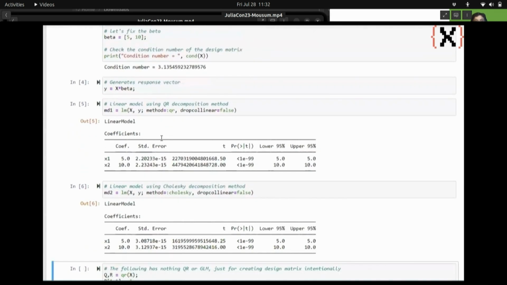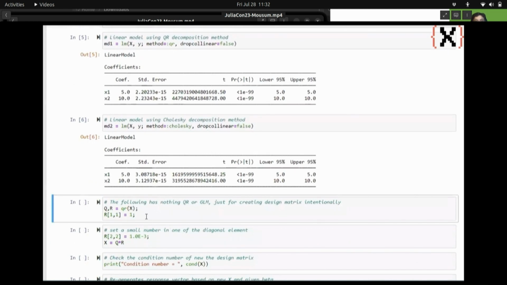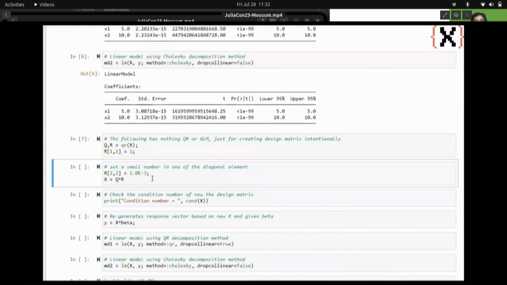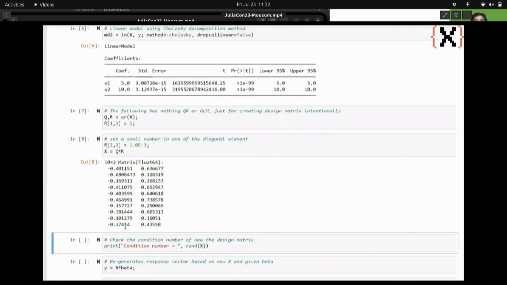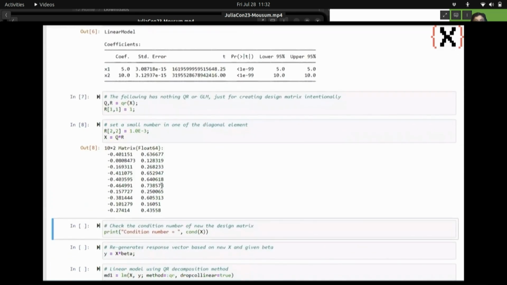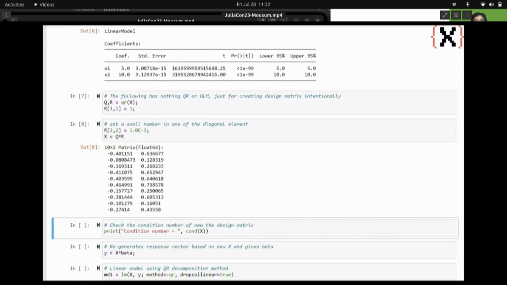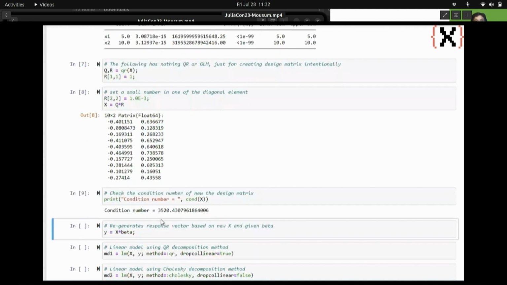I'll create a design matrix intentionally with a higher condition number. Okay, I have created one design matrix X. Now let's check the condition number of the matrix. It is 3520.4. It is in the scale of 10 to the power 4.